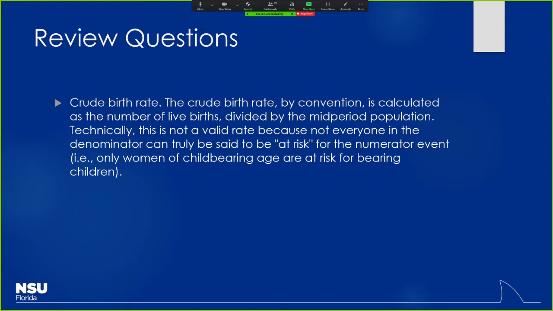Just like in this case here, not every single person in the US is necessarily of childbearing potential, right? So, could you get closer perhaps if you use just women? Yeah, but then not all women are at risk for that, because you have people at extremes of age, people who've had hysterectomies, etc. So when you're looking at rates, you want to make sure that they're valid, that the denominator is truly those people who tend to be at risk for the condition.